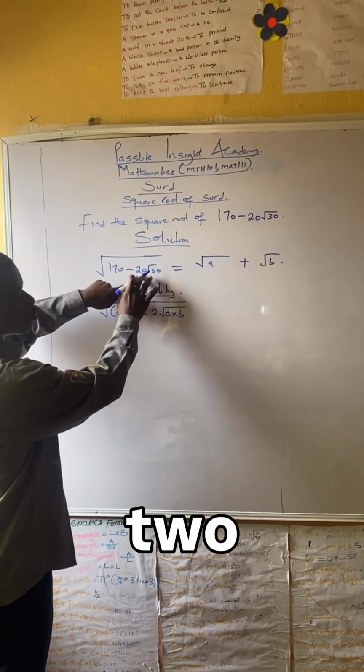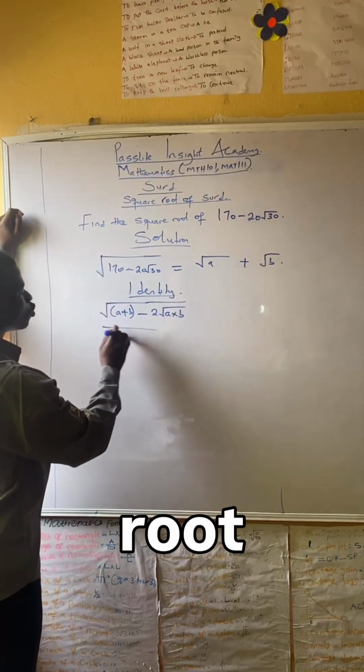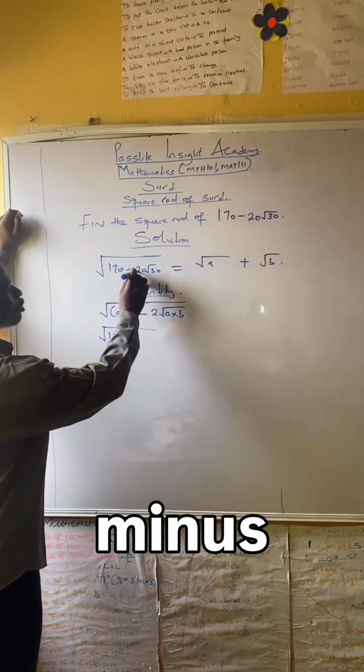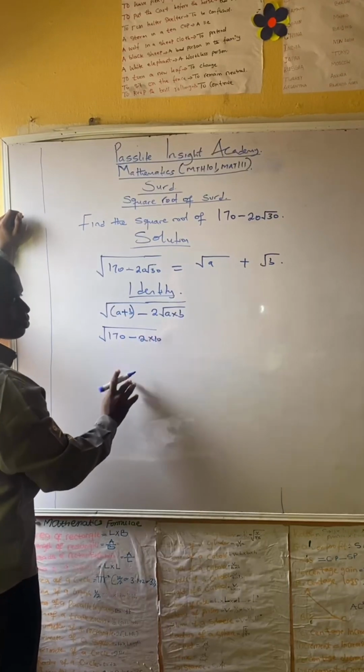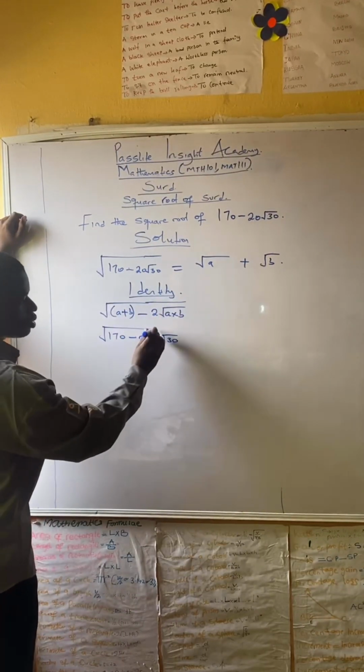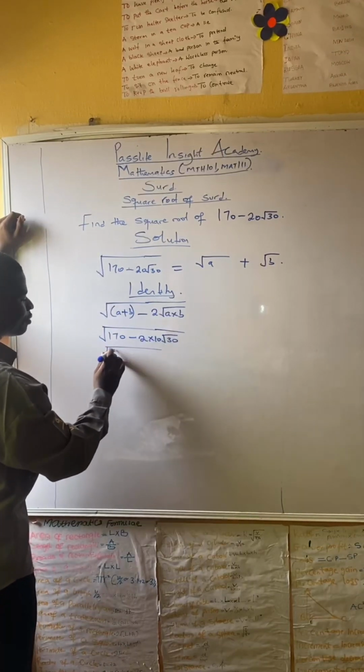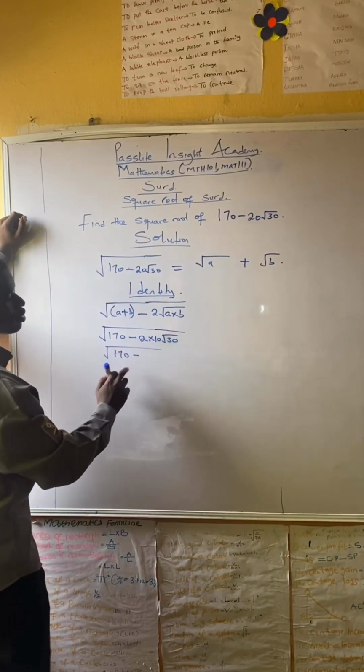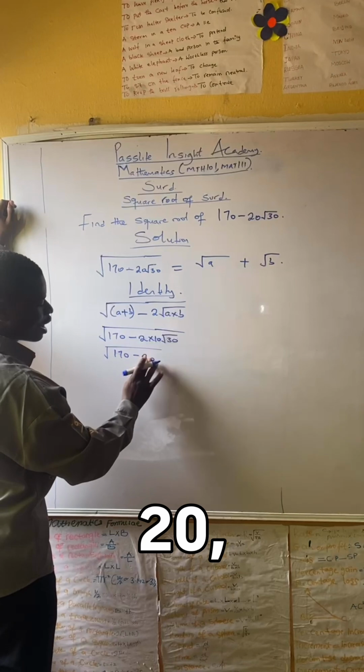As you can see, this is 2. So you can write that as root 170 minus 2 times 10, which is 20, root 30. We've done that before.